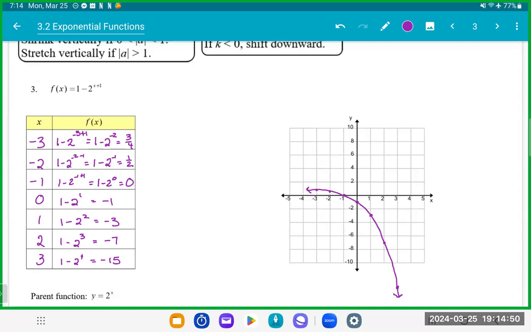Okay. So that is what our transformed or our shifted function would look like.